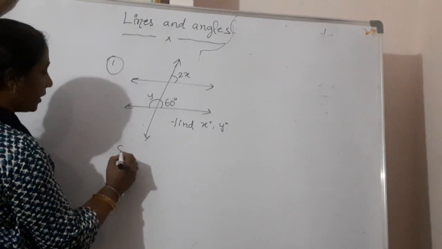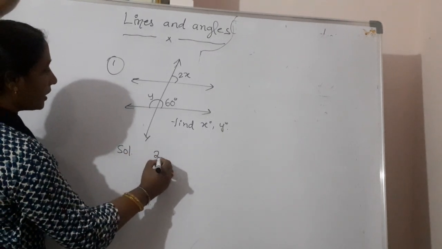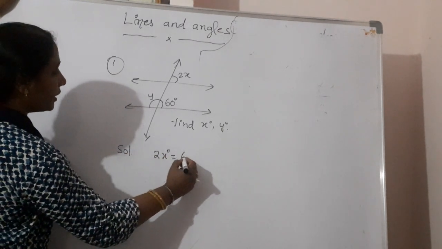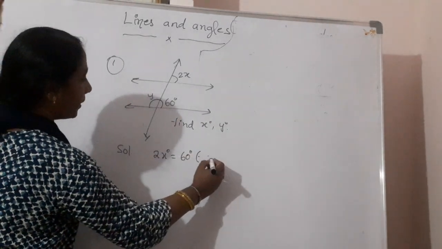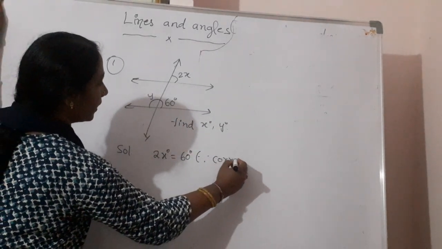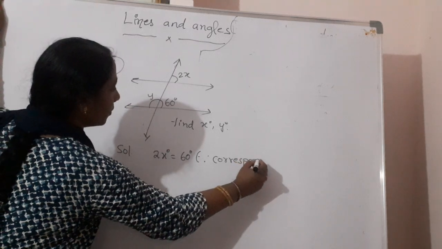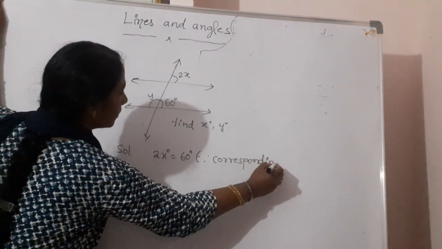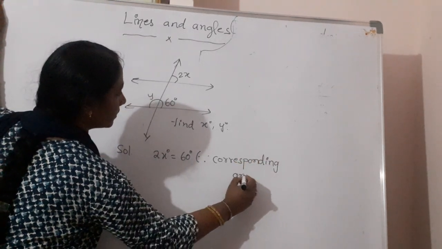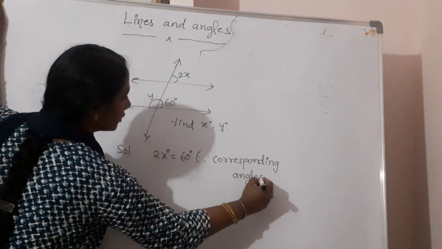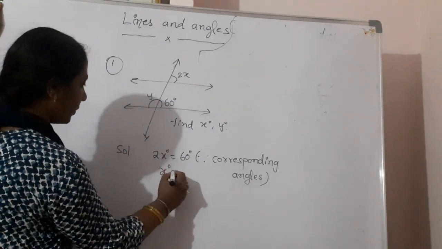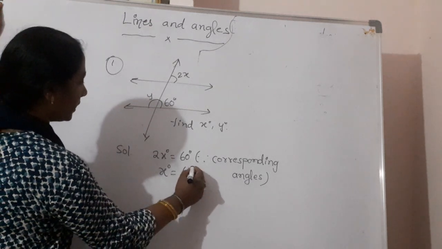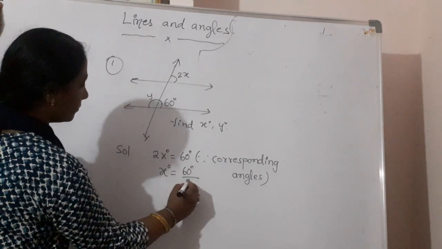So the solution is 2x equal to 60 degrees, since corresponding angles are equal. So now x degrees equal to 60 degrees by 2.